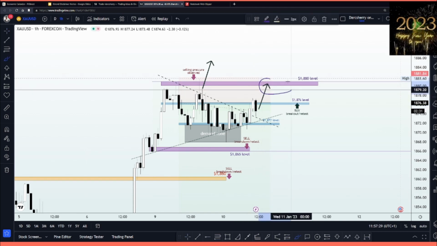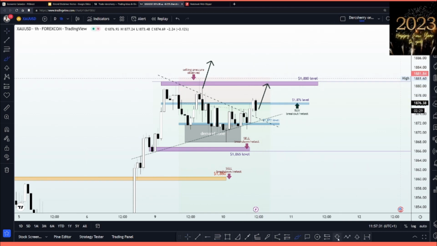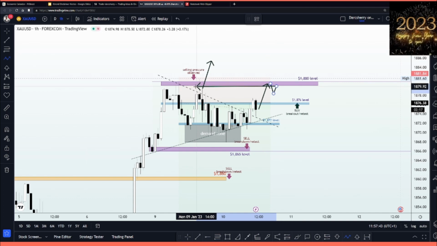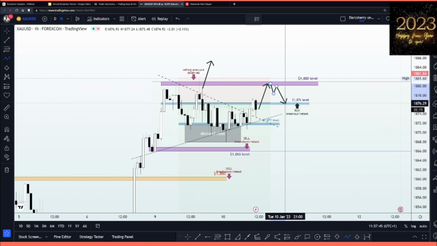If price gets into the structure and we start seeing selling pressure come in again, then at this point I will advise us to be selling the XAU USD, as there is a likelihood that price will be respecting that level one more time, considering that we have a memory for selling power around that area.